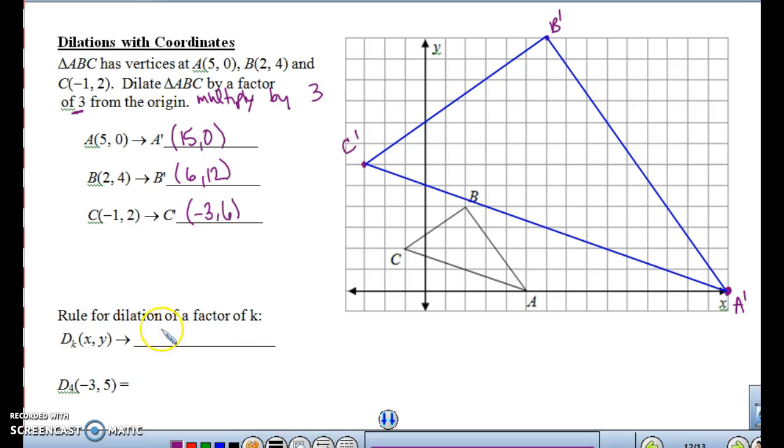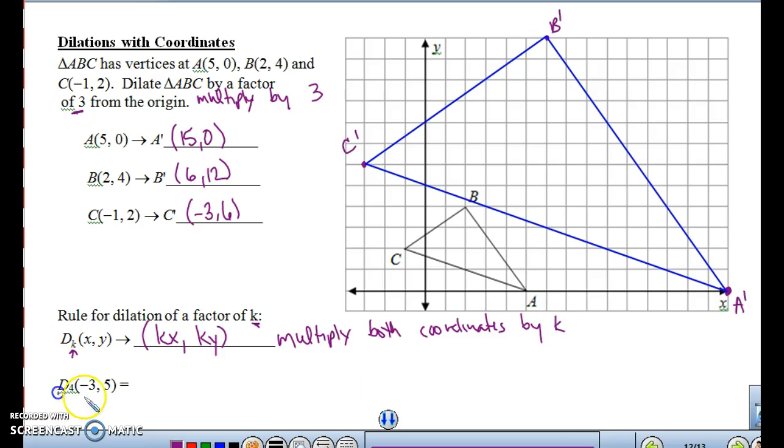So the rule for dilation of a factor of k, so whatever you're multiplying by, you see it as D of k. This is your factor right here. What do you just do with the coordinates? You multiply them. So D of k of (x, y) comes out to be (kx, ky). Multiply both coordinates by k, whatever k happens to be, if it's a whole number or if it's a fraction.